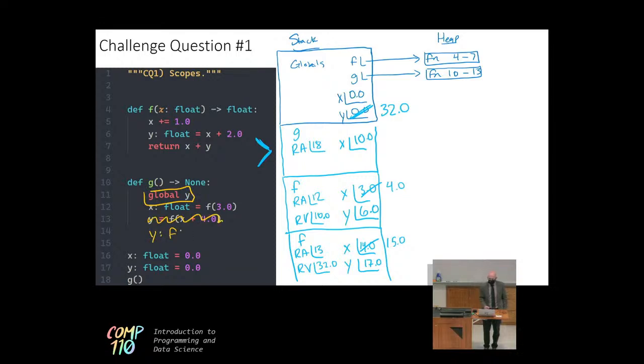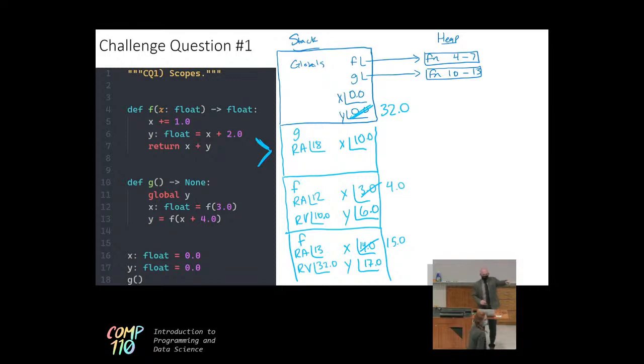So I couldn't say y is float 10.0. We would see that you were trying to use the global variable y within this function. You can't redeclare a local variable y because it doesn't really make sense. So you kind of are going one way or the other. Good question.